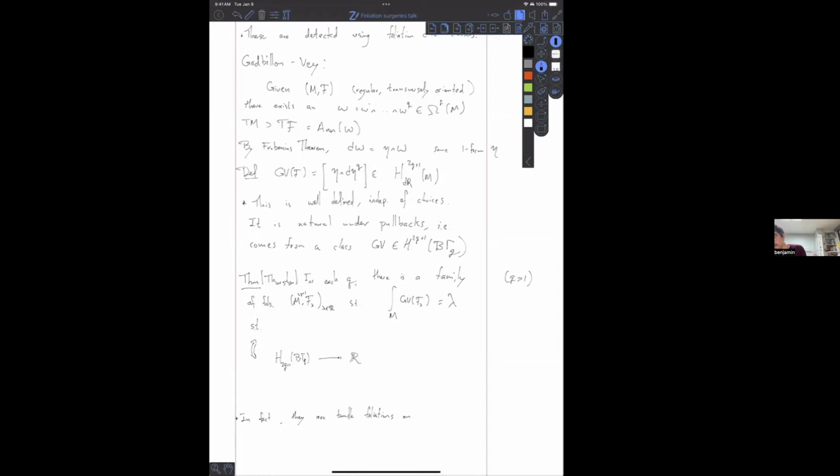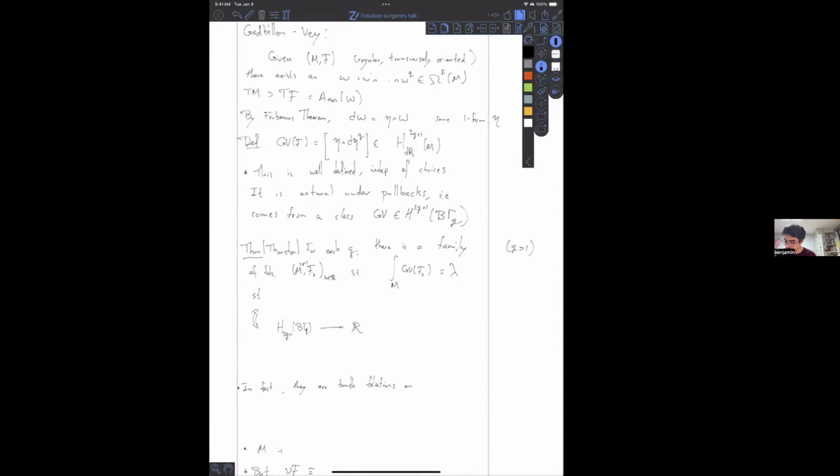And well, these Godbillon-Vey classes are concordance invariants. So another way to say this is there's a surjection from the 2q plus 1 homology of B gamma Q to R, represented by these classes M inside of here.